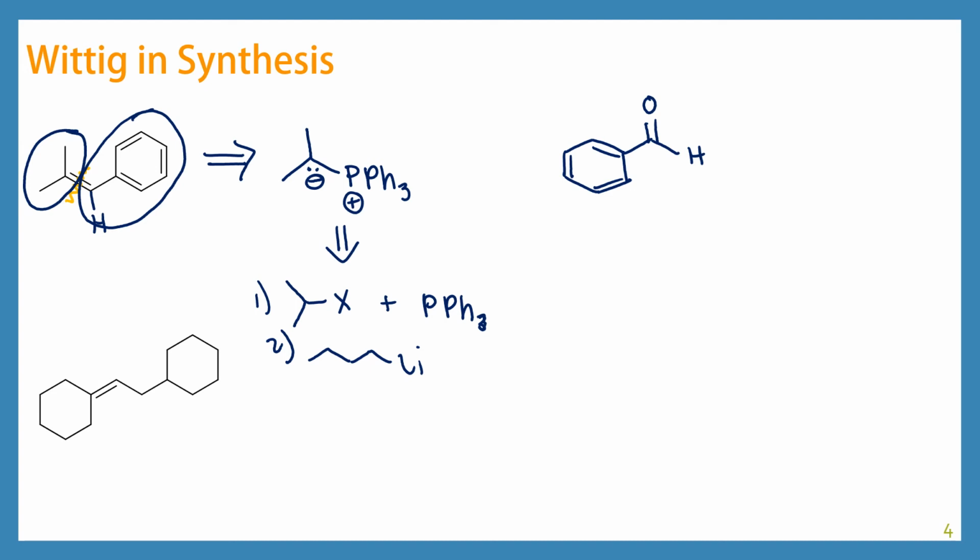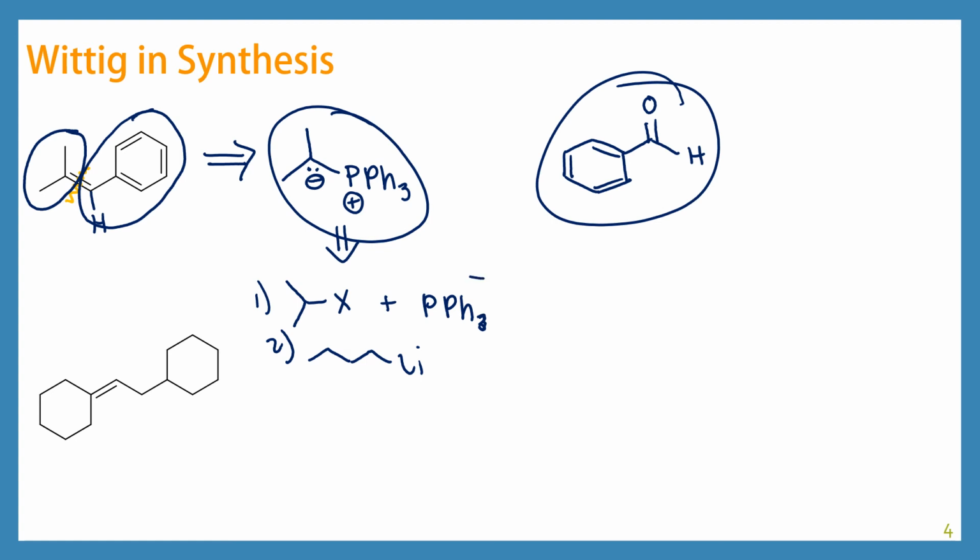So that's all you have to do for a Wittig reaction in synthesis. So just kind of backtrack through the alkene, identify the Ylide and the carbonyl compound, and then how would you create the Ylide. You also could have done this where the Ylide was on the aromatic portion and the carbonyl compound was acetone.